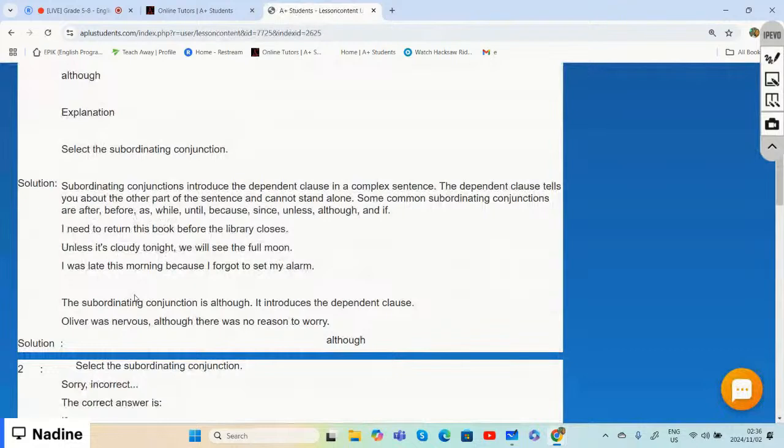So before we end off our lesson, we are going to write down more examples on subordinating conjunctions, just to identify subordinating conjunctions and become more comfortable with being able to know how to use a subordinating conjunction within a sentence.